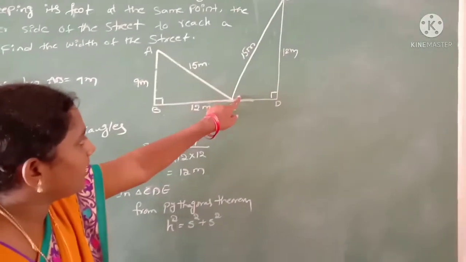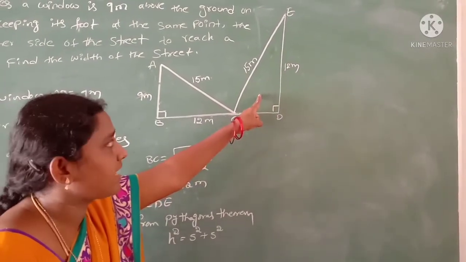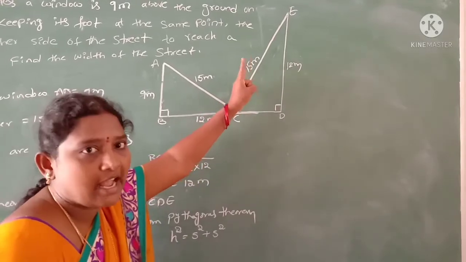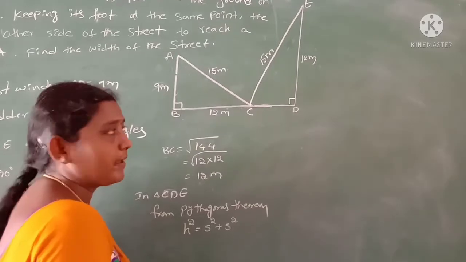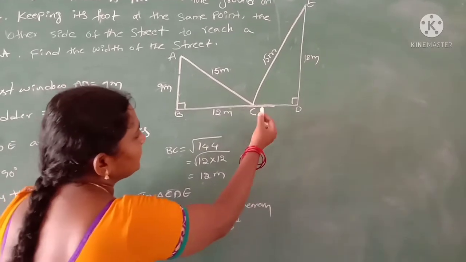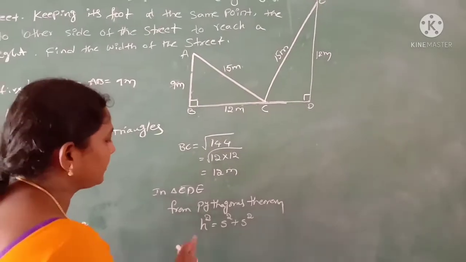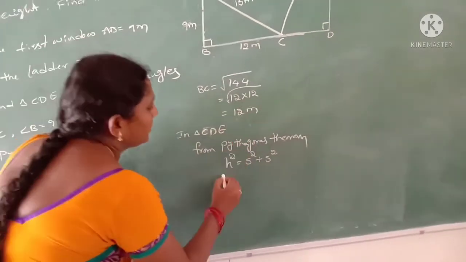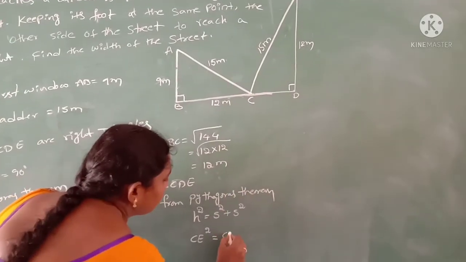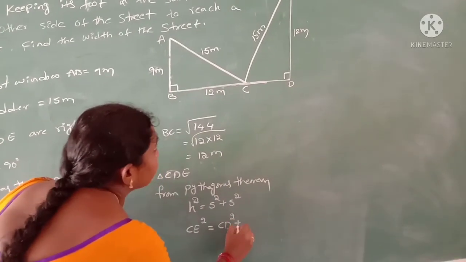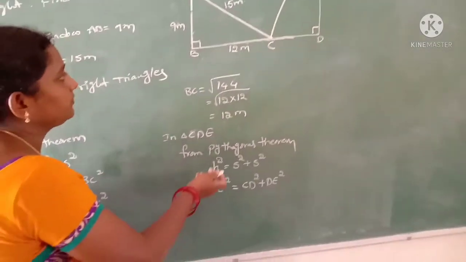In the figure, triangle CDE is a right angle triangle. CE is the hypotenuse because the side opposite the right angle is the hypotenuse. So CD and DE are the other two sides. So the hypotenuse CE square equals CD square plus DE square.